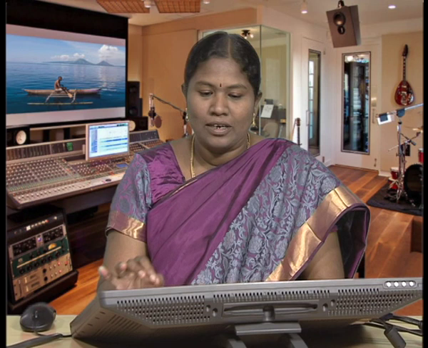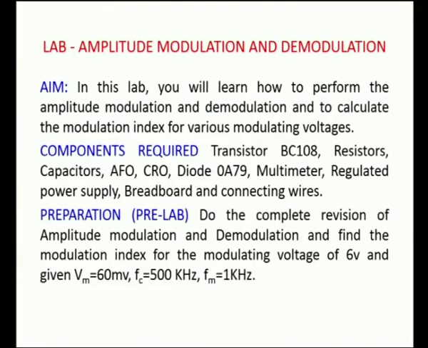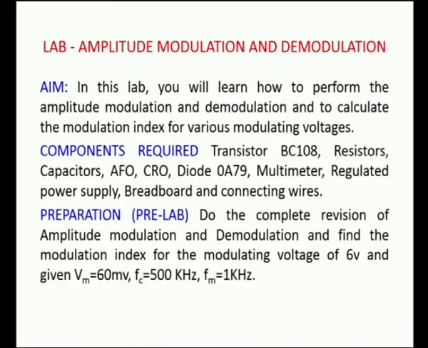To do this AM modulation and demodulation, we will be in need of a transistor BC108, resistors, capacitors, frequency generators, then CROs, cathode ray oscilloscopes. These are all for modulation purpose. For demodulation, we will be in need of a diode OA79, multimeters or regulated power supplies, breadboard and connecting wires. With this, we will start up the experiment.